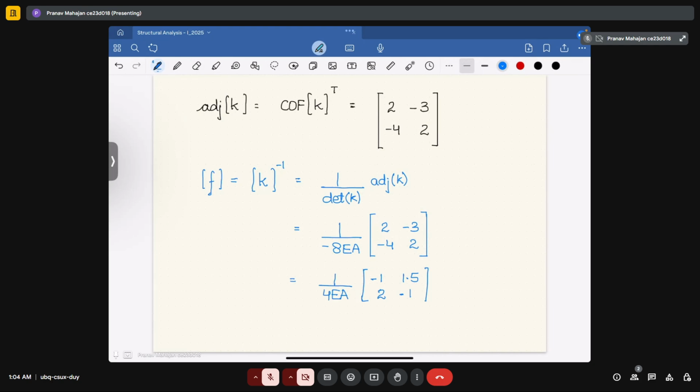So this will become your flexibility matrix.